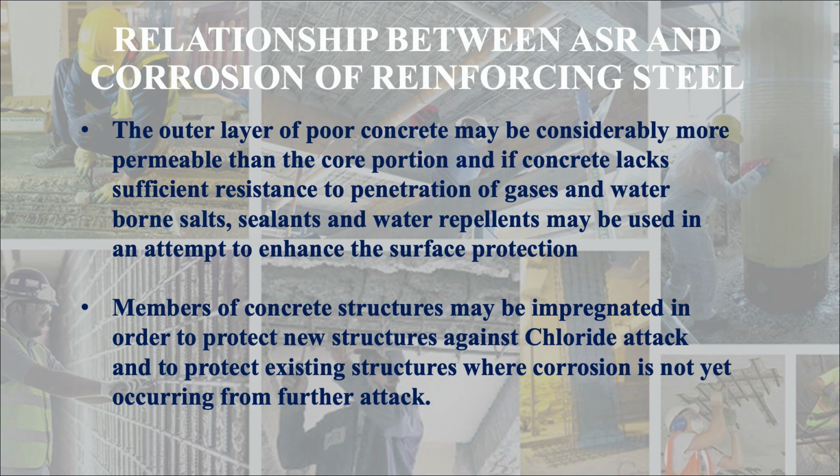So that way you can use sealants and water repellent agents so that you can protect the surface. Now, members of concrete structures may be impregnated in order to protect new structures against chloride attack and to protect existing structures where corrosion is not yet occurring from further attack. So that may be done.